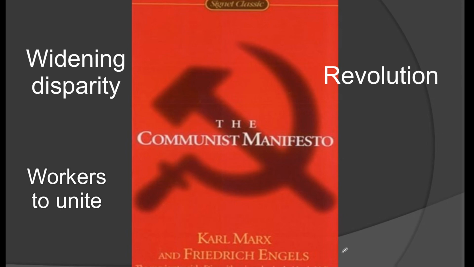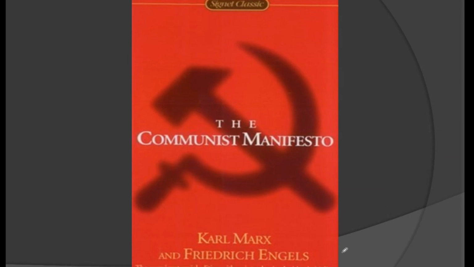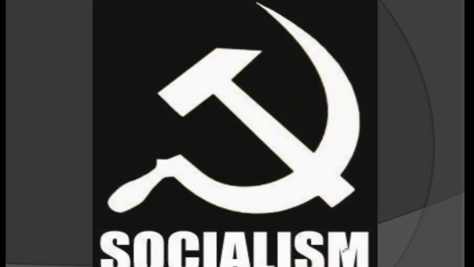The purpose of this revolution was to confiscate the wealth of the rich, and then point number 4, from the confiscation of the wealth, they would redistribute the wealth equally in the society, and then they will install a dictator to maintain the newly formed system. And this system is known as socialism.